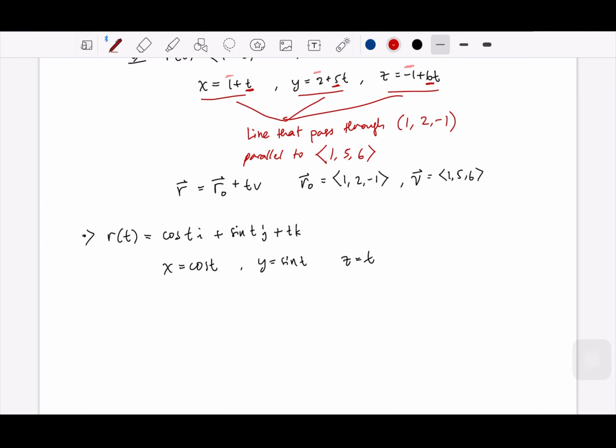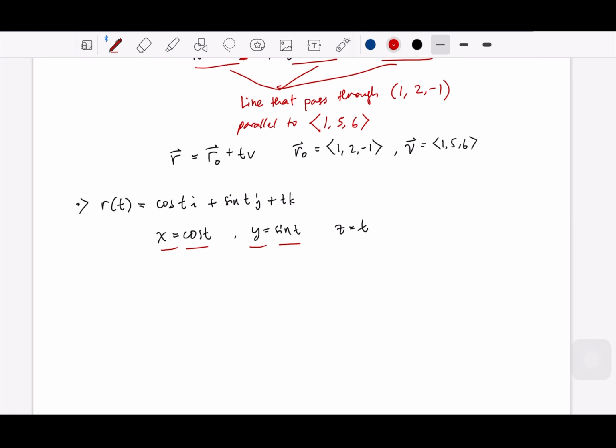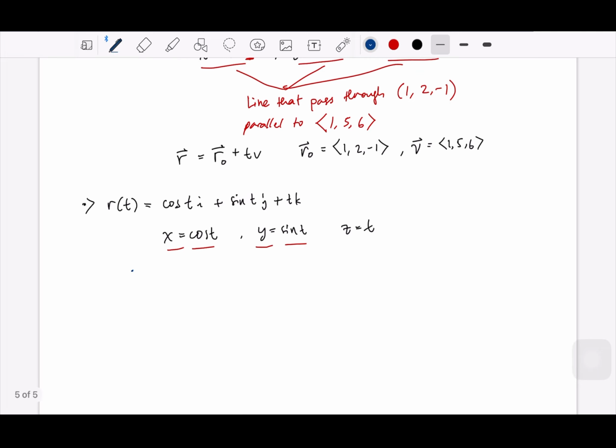If we observe x and y, we can make it into our circle equation, x squared plus y squared equals 1.